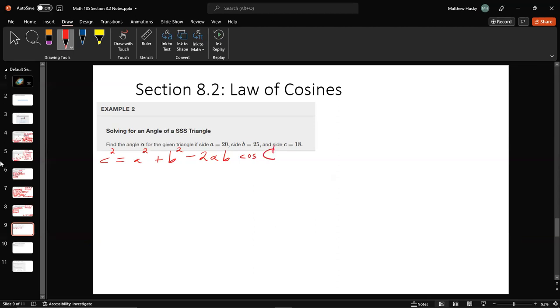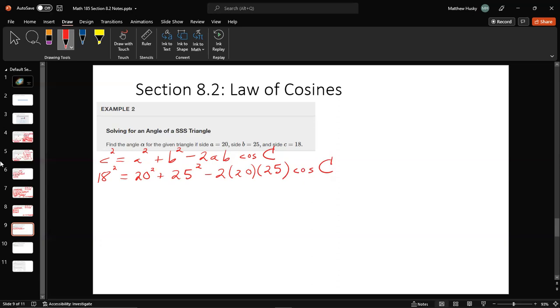All right, let us put the numbers in where they go and begin our journey finding angle C. So side C is 18. This is 18 squared equals 20 squared plus 25 squared minus 2 times A, which is 20, times B, which is 25, cosine of angle C, which we don't happen to know.